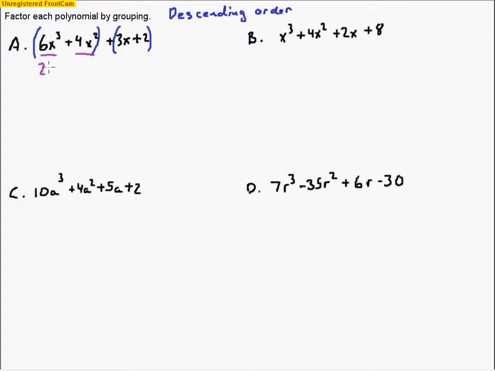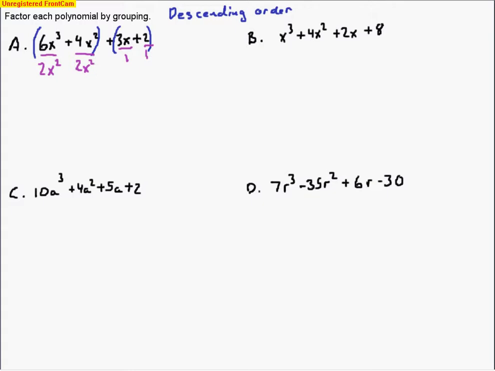Well, I see a 2 goes into each of those terms because they're even coefficients, and I can take out an x squared. So x squared is taken out, and the common factor of 2. Over here, what's in common between these? Well, I don't see any number, but we have to have a number. And so if we don't see any number, use 1 as the number.